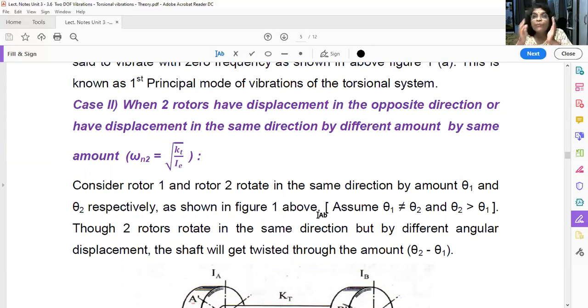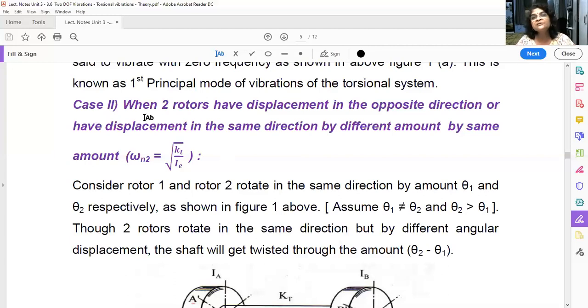Or both the rotors have displacement in the same direction but by different amounts. That means this rotor has a displacement of 5 degrees and this rotor has a displacement of 10 degrees. It is not equal. Then also the shaft will get twisted and vibrations will occur in the system.